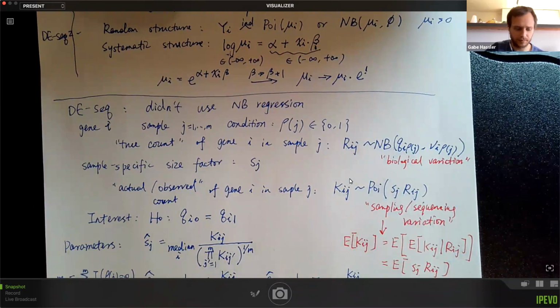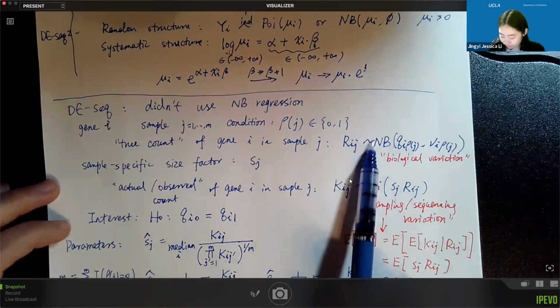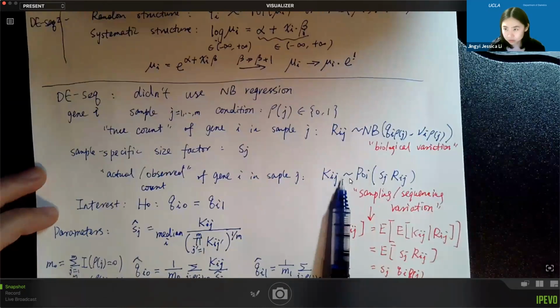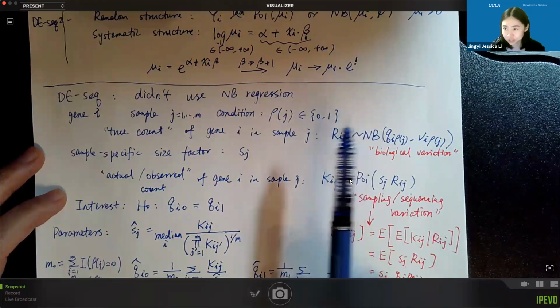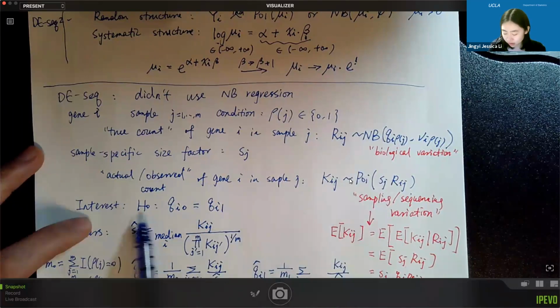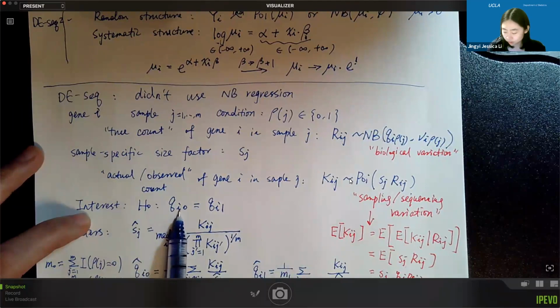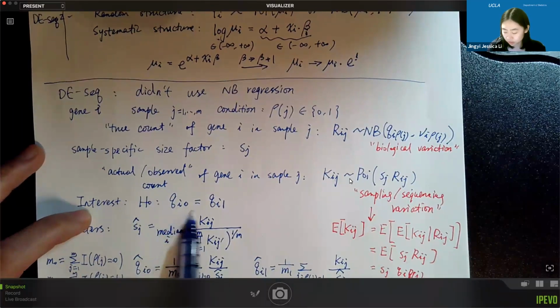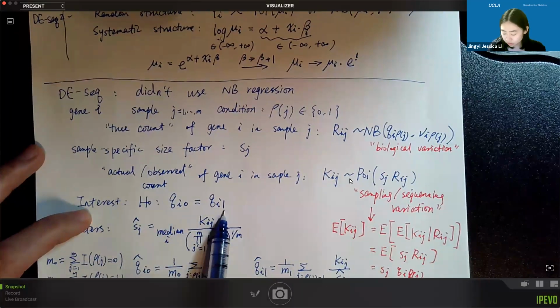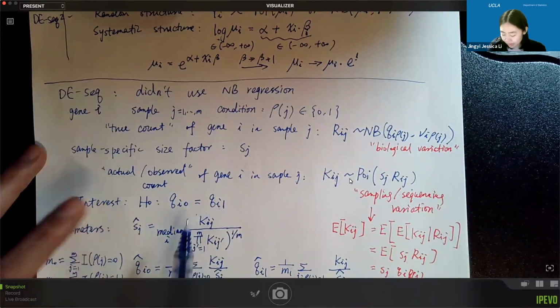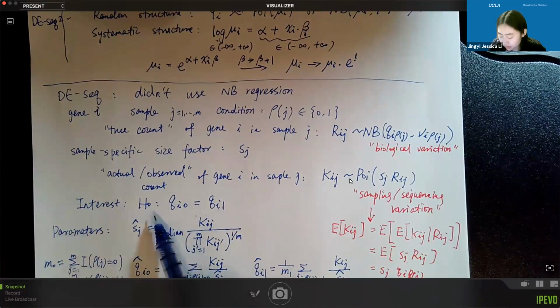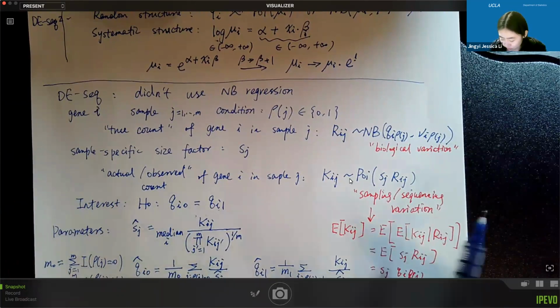Given this hierarchical model, the biological question, whether this gene I is differentially expressed between two conditions, is translated to a hypothesis testing problem, whether Qi0 equals Qi1. And to provide an answer to this hypothesis testing, we need to be able to first estimate the parameters in this model.